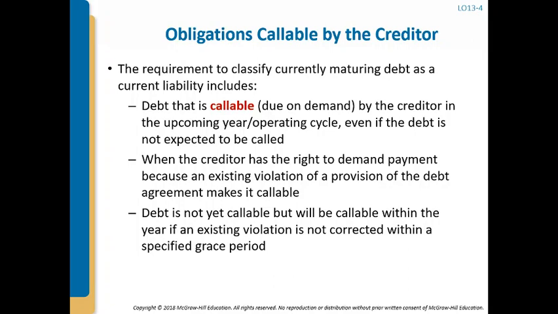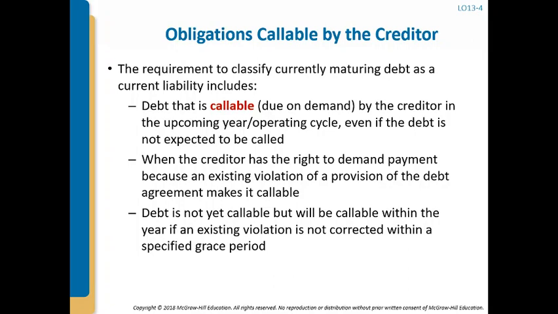Now, you could have what's called an obligation that's callable by the creditor. This usually happens when you've broken some debt covenant. And so, because you've broken a debt covenant, and I'm trying to think of an example of that.